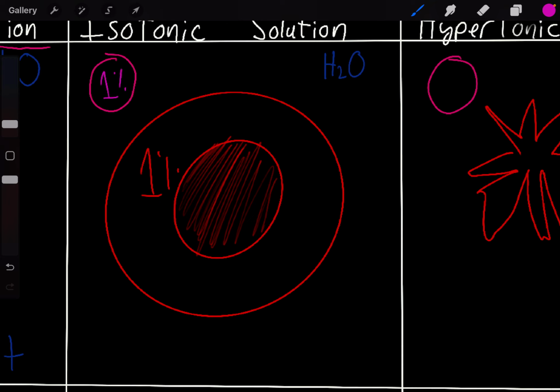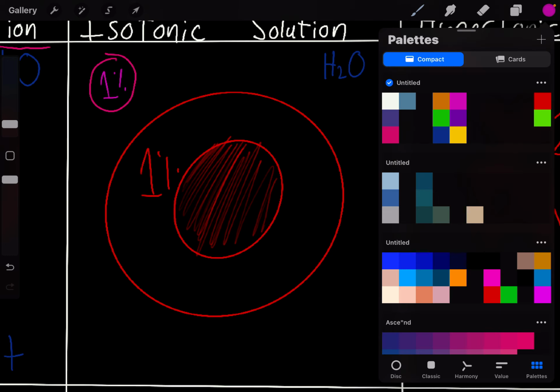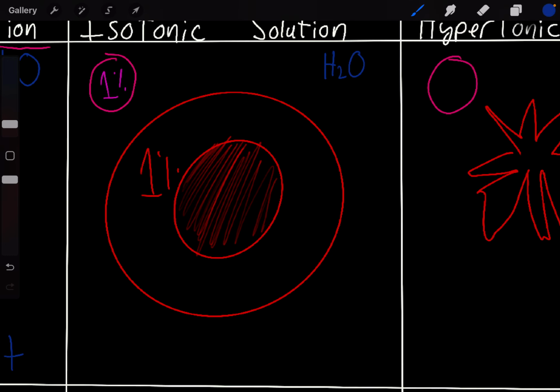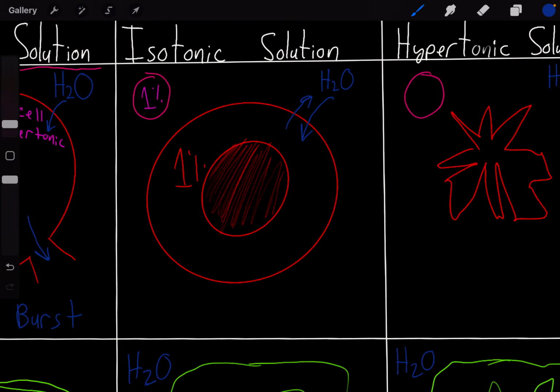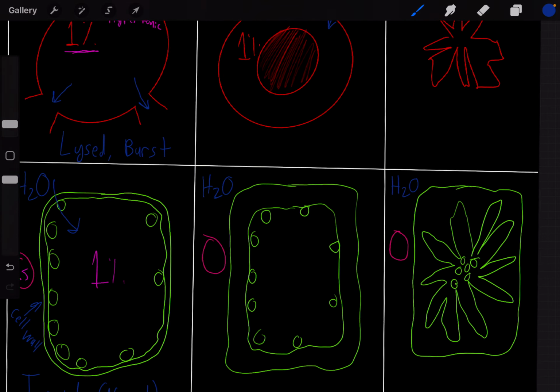But remember that this time water goes inside the cell and also outside the cell, because net diffusion is zero and water will always diffuse. Diffusion is always occurring. It doesn't just stop. So water will go in and out of the cell.